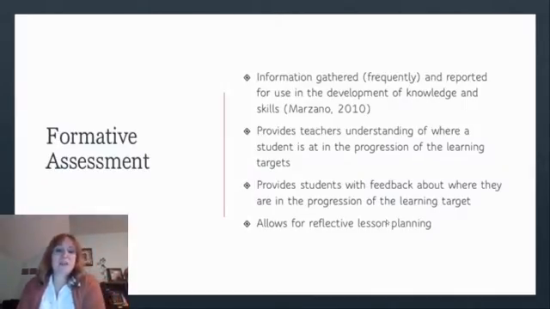Formative assessment is information gathered frequently and reported for use in the developing of knowledge and skills, according to Marzano. Now, reported doesn't always mean graded. Reported means documented. So we want to see that documentation of growth is going on. And that's often sometimes what we miss.